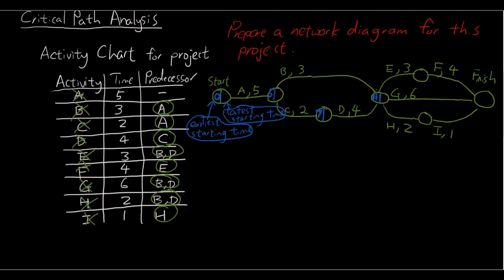So therefore, the earliest starting time of E, G and H is 11. Okay, so 11 plus 3 is 14, so we get here on 14. 11 plus 2 is 13.